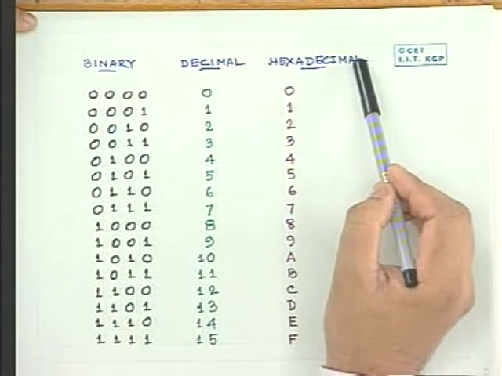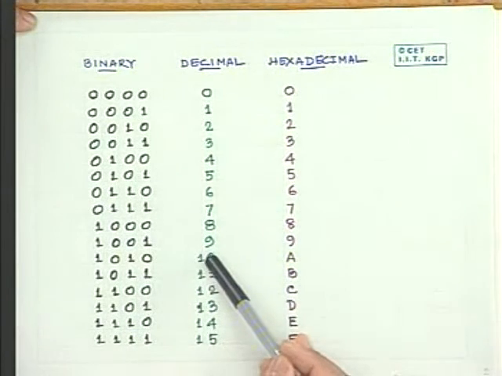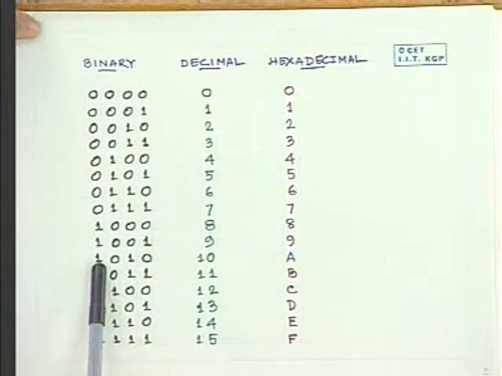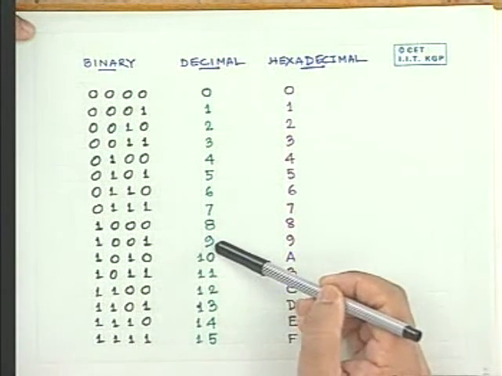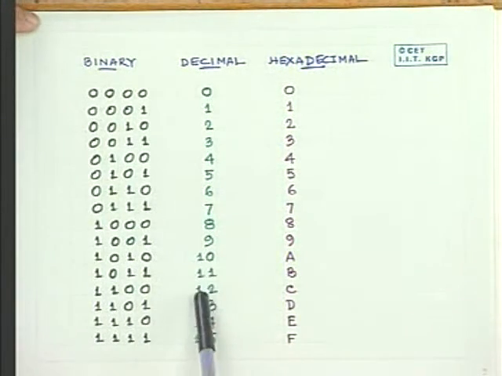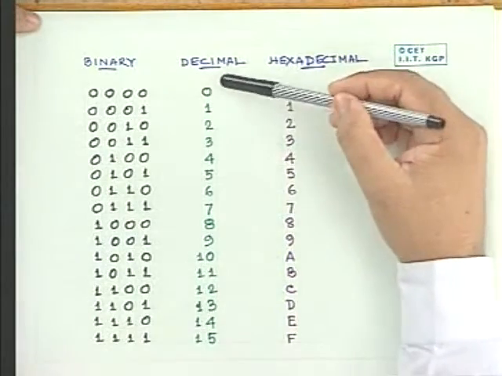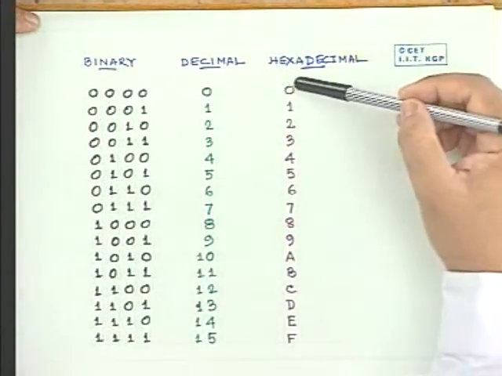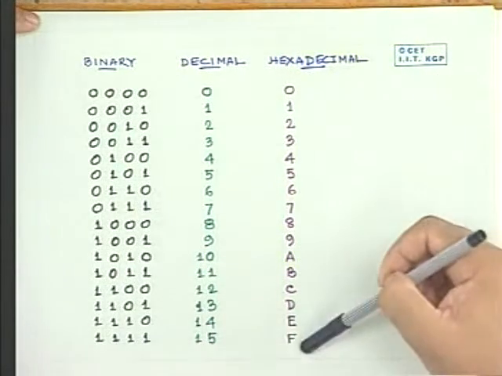Now, in the case of a decimal, the problem is this, if I want to represent these 4 binary bits, after 9, I'll have to use 2 characters, which I do not want to permit and which is inconvenient. So I represent these binary 16 combinations by means of a hexadecimal character.